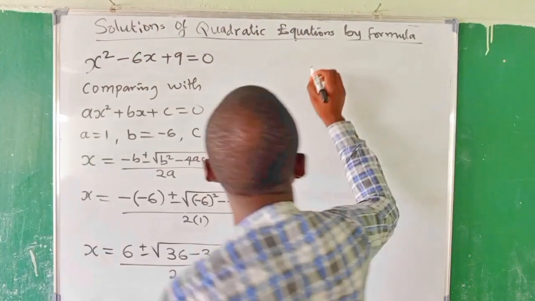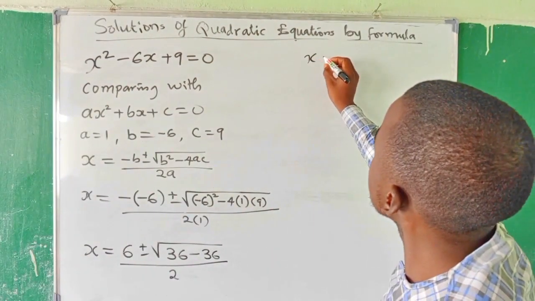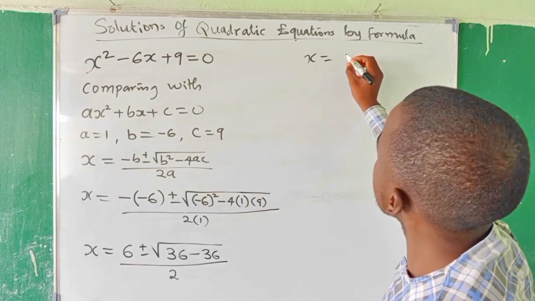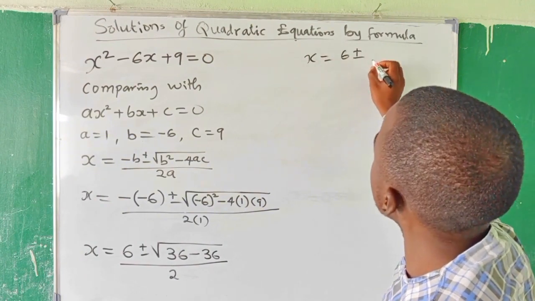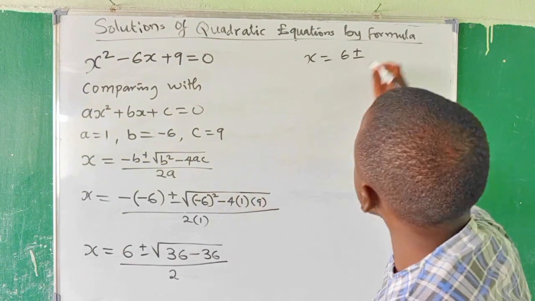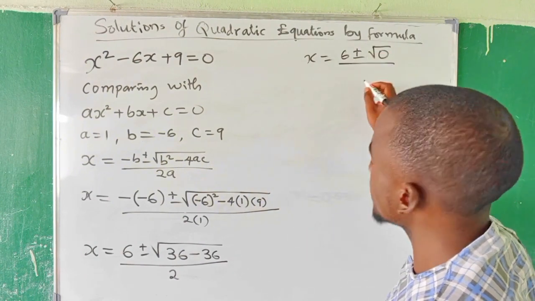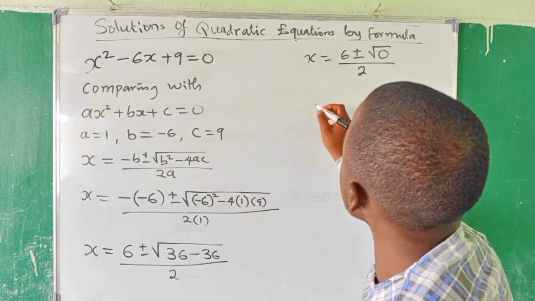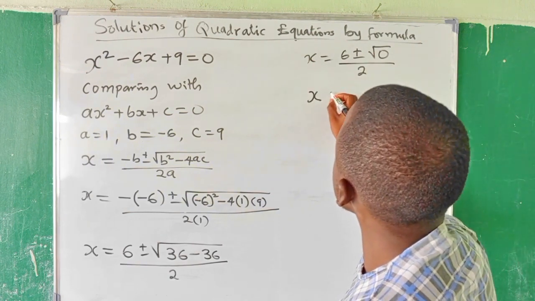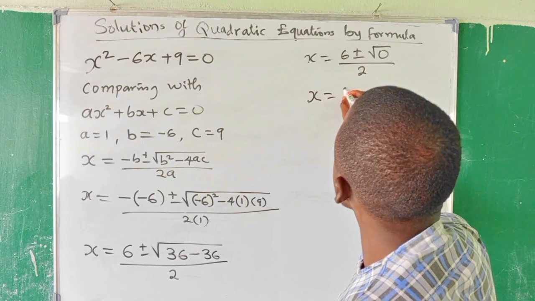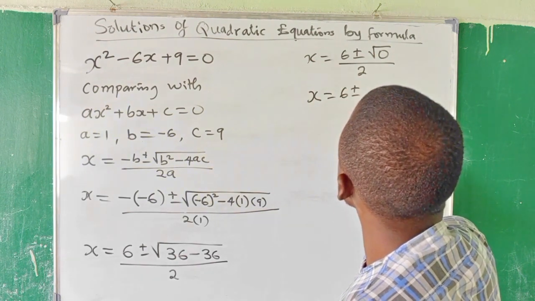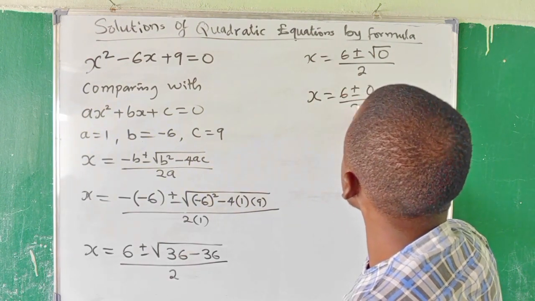Now, x is equal to 6 plus or minus the square root of 36 minus 36, which is 0, divided by 2. Now we have x is equal to 6 plus or minus 0 divided by 2.